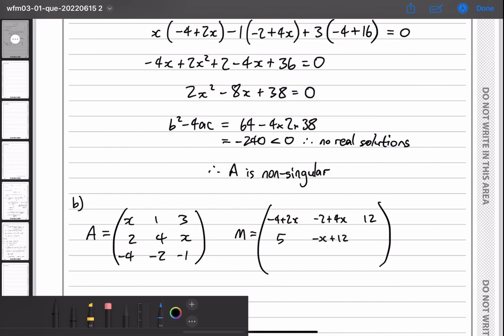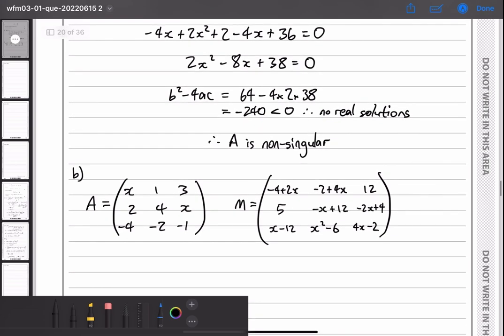And the x in the right hand column has a minor of minus 2x, minus 4. Third row, we've got x minus 12, and then we've got x squared minus 6, and finally 4x minus 2. So that's the matrix of minors.